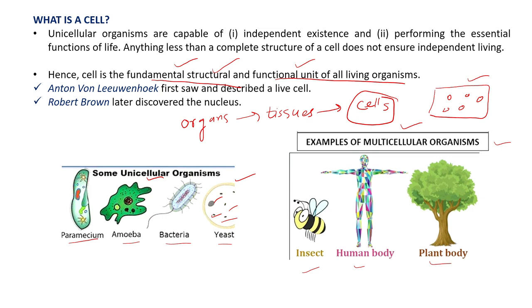So cells are the fundamental structural and functional unit of living organisms, and organisms are of two types: unicellular and multicellular. If we consider a unicellular organism, you can see there is only a single cell, so it can have independent existence.